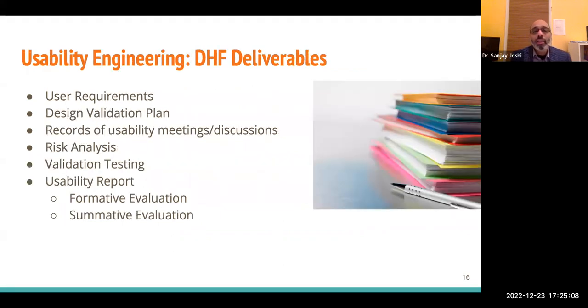So when you're all done, this is what you need to document in your design history file: your user requirements, a plan for your design validation, and usually the usability plan can point to the design validation plan. All the records of, remember the term formative evaluation, this is the usability meetings and discussion, the risk analysis which you need to do for ISO 14971 anyway, the records of validation testing, who did it, their signatures, dates, all the good stuff.